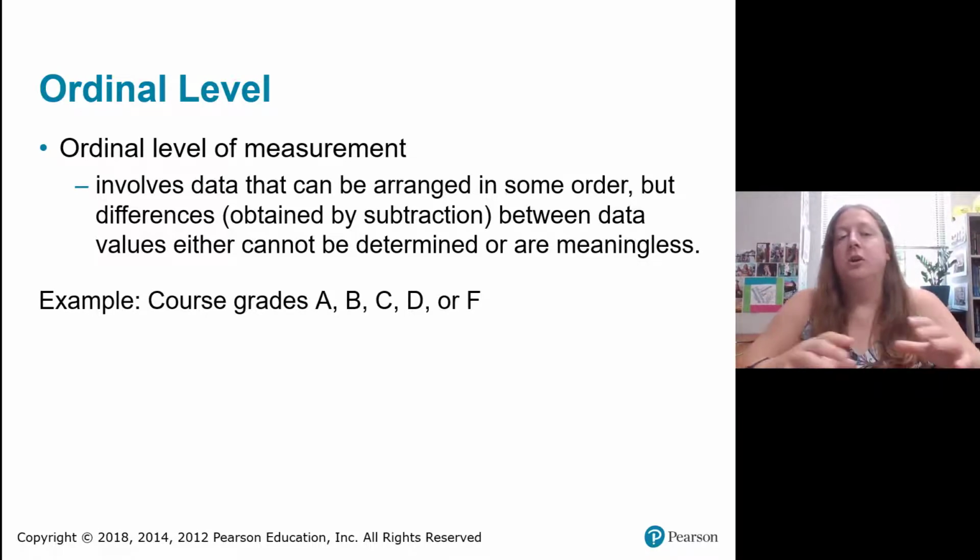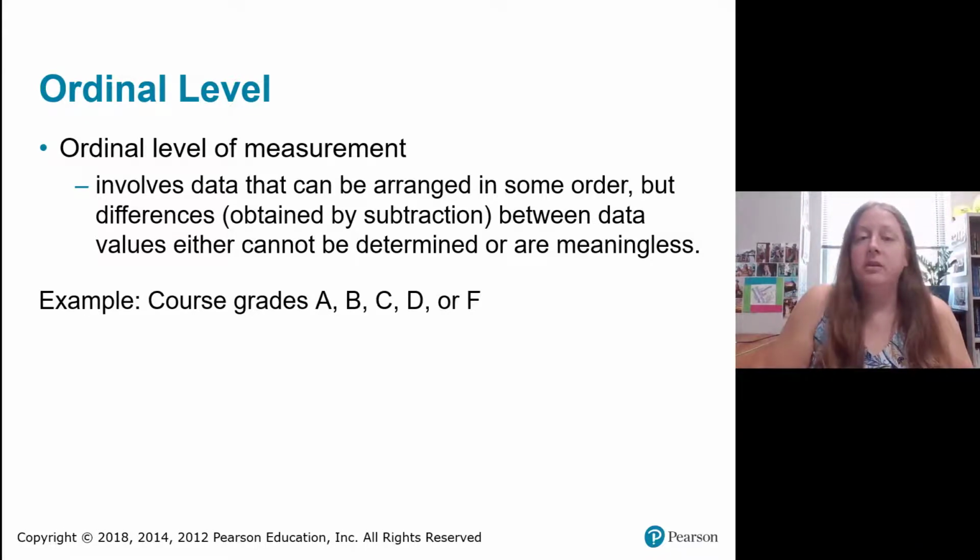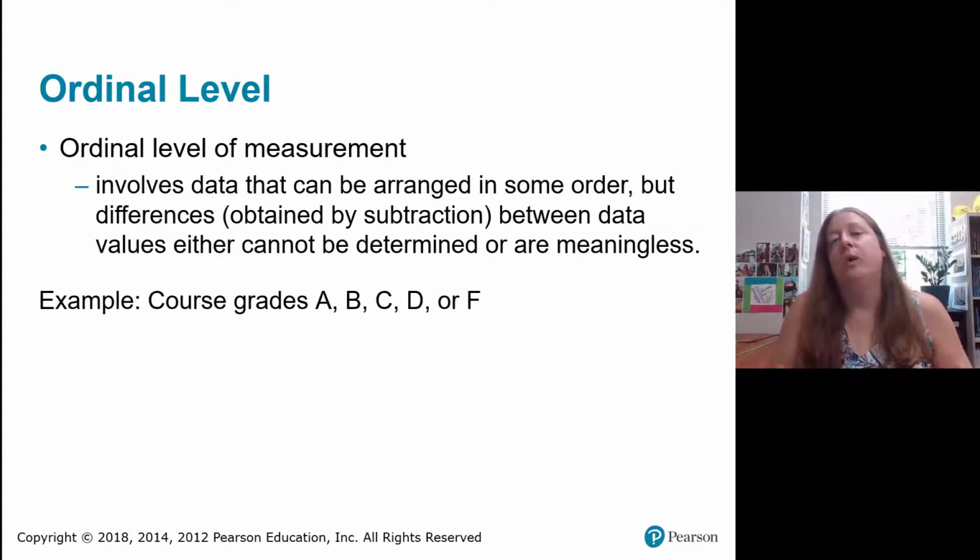All right. So again, we still have boxes. We know which box it belongs in, but now it matters what order the boxes are in. However, doing something like subtracting one from the other is meaningless. It doesn't matter how far apart the boxes are, it just matters what order they're in.